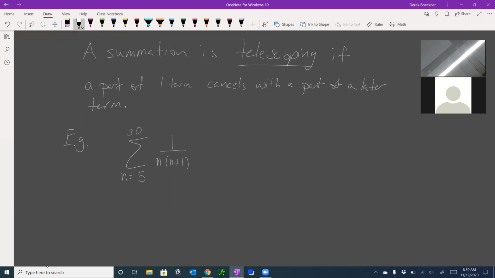So what I'm going to do instead is recognize that this thing in here I could also write as the sum from n equals 5 to 30 of 1 over n minus 1 over n plus 1.